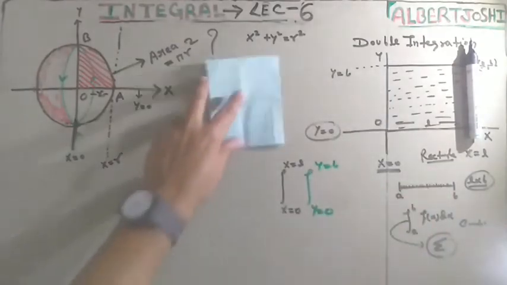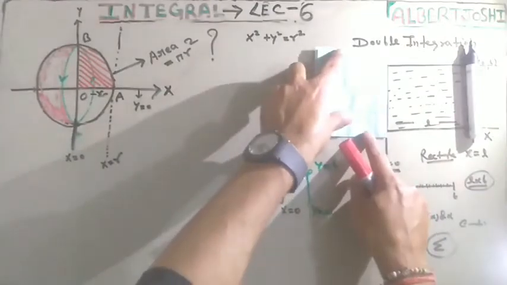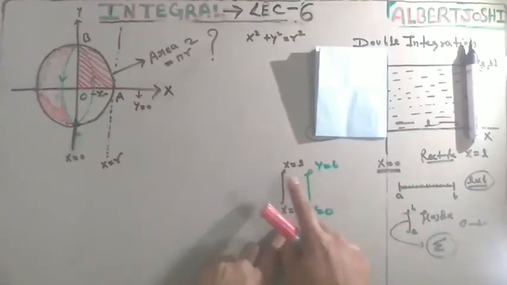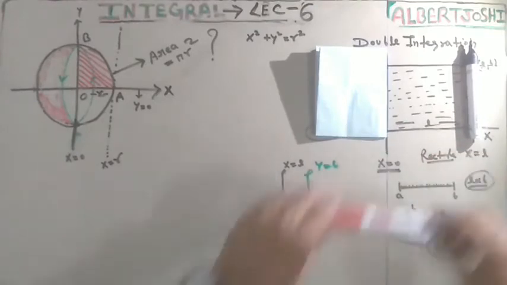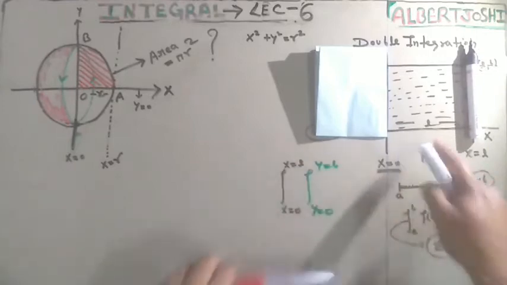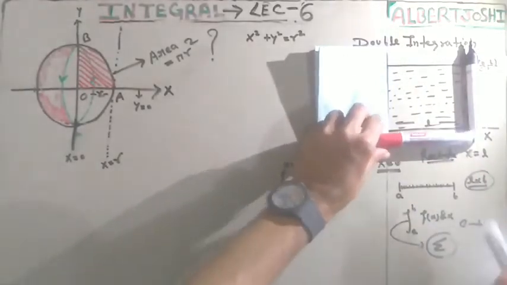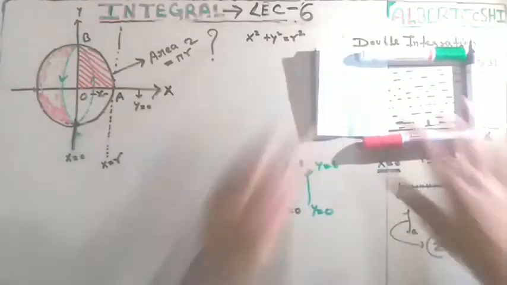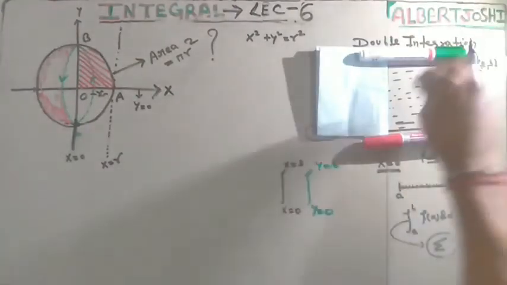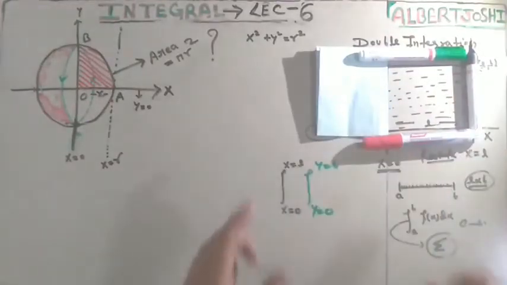At first we count the total number of points from x is equal to 0 to x is equal to L. Then we count from the line y is equal to 0 to y is equal to b, so this box is covered. We have collected the total number of dots inside this box.